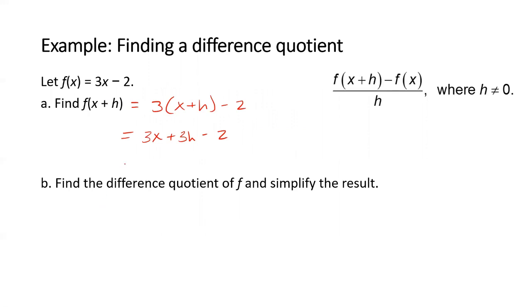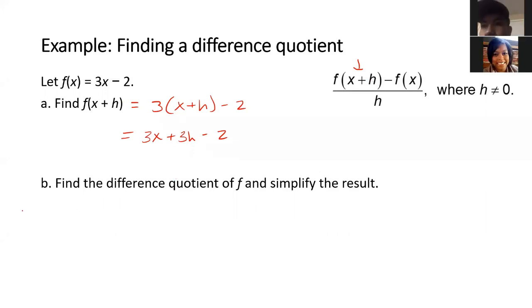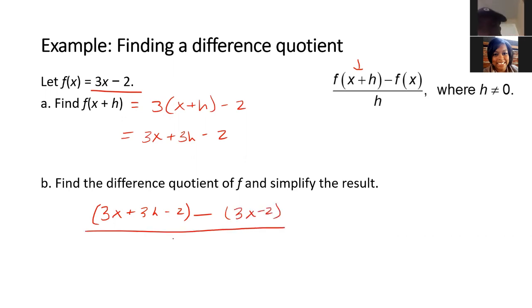After that, now that I have this, I'm just going to plug everything in to find the difference quotient. I know that f of x plus h is 3x plus 3h minus 2, and minus my original f of x, which is 3x minus 2, all divided by h.